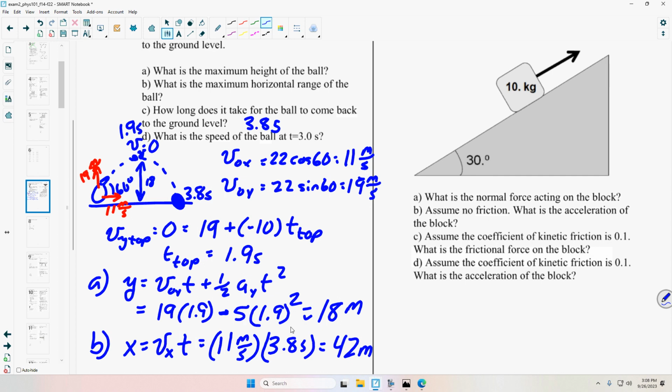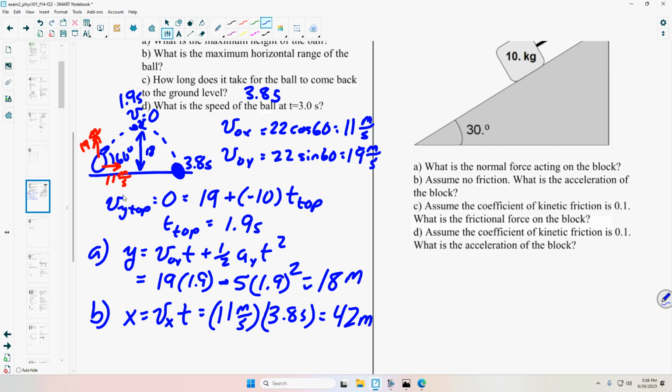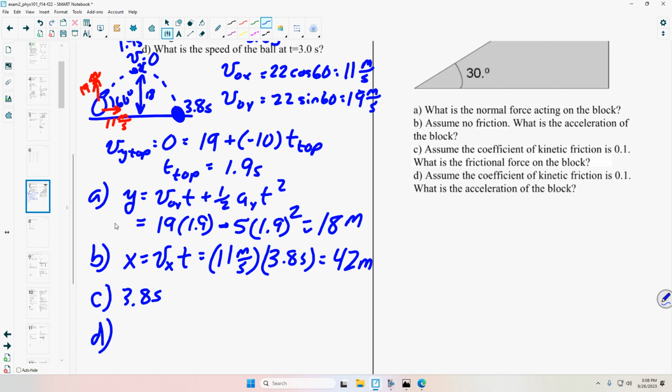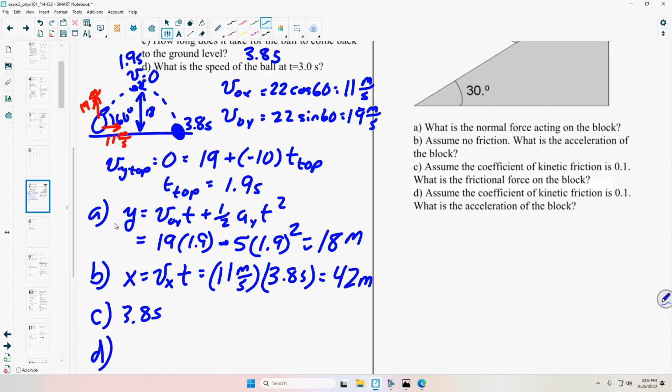C I've already answered. And then D is what is the speed of the ball? C was 3.8. D is what is the speed of the ball at t equal 3 seconds. That's going to be right about here, after it passes over the top and before it reaches the end. And recognize that it has two components. One component is 11 meters per second. That's this value. The other component is the velocity in the y direction.